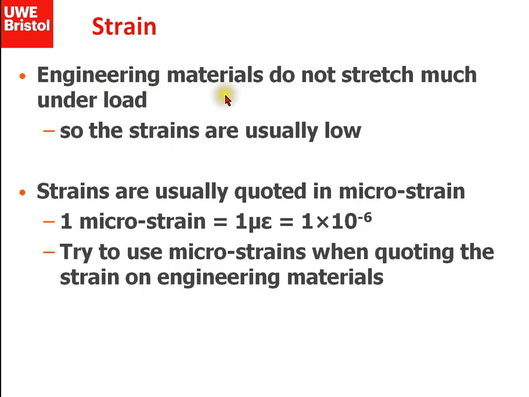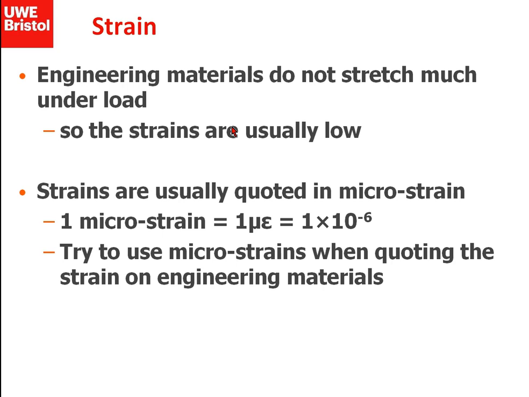Engineering materials do not stretch much under load. When we're building our bridges and so on, we're not expecting great strains. So the strain values, the ratio of how much elongation I've got compared to my original length, are going to be down to, I don't know, about 1 times 10 to the minus 6, up to about 1 times 10 to the minus 4.